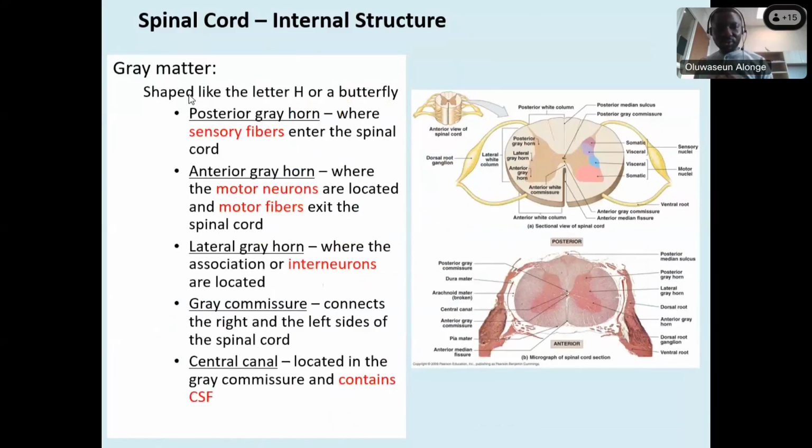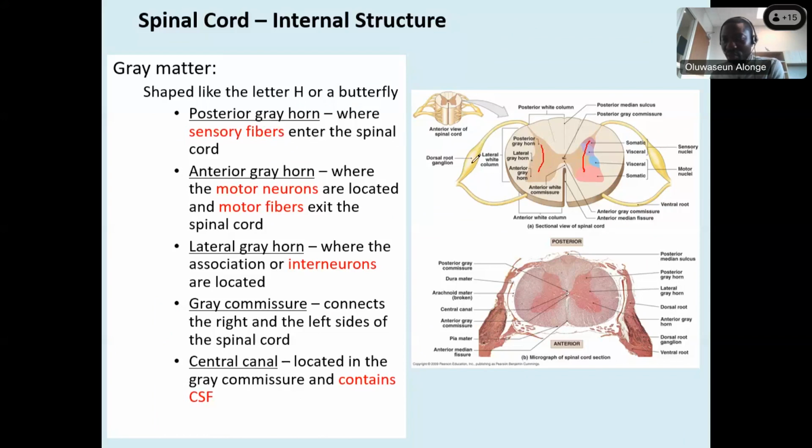Now, gray matter. I've told you about gray matter before. I'll just do a quick review on it again. I told you already that gray matter simply is the H area here. This H area here is the gray matter. And you have the posterior horn, which we call the posterior gray horn. The posterior gray horn is where the sensory information enters the spinal cord.